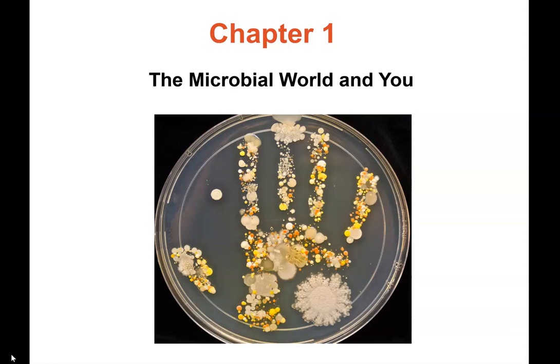Each little circular growth, or big circular growth in some cases, that you're seeing here is a different type of bacteria. So each color, each size, each shape, each texture, we can determine is a different bacterium.